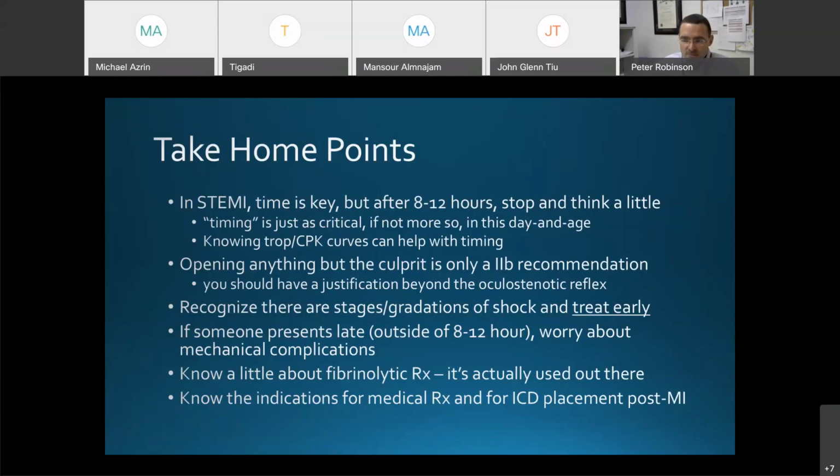Reperfusion injury has been the bane of STEMI treatment, revascularization treatment, since it began. It's this further extension of the infarct with opening of the vessel. And lots of different therapies, both medicine and not, cooling, what have you, have failed to show any benefit.